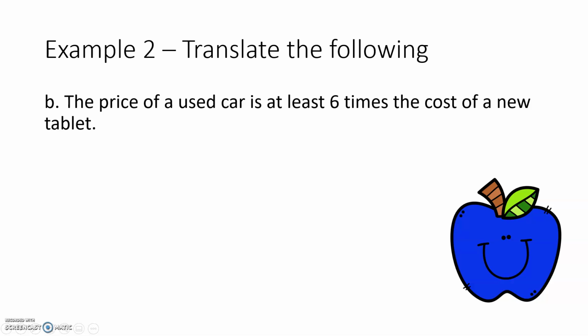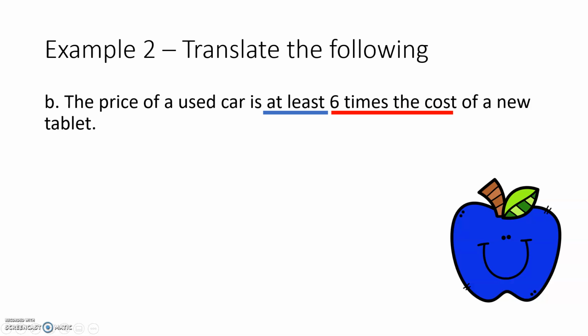All right, let's look at another one. The price of a used car is at least 6 times the cost of a new tablet. Now that's a lot. First thing I need to do is identify the inequality symbol in this statement. There it is, at least. At least what? At least 6 times the cost. So I have a car and it is at least 6 times the cost of the new tablet.